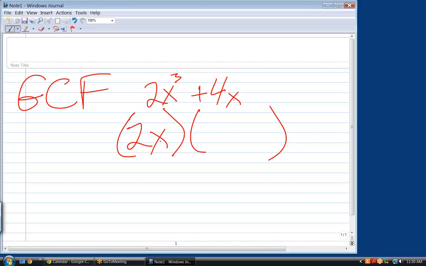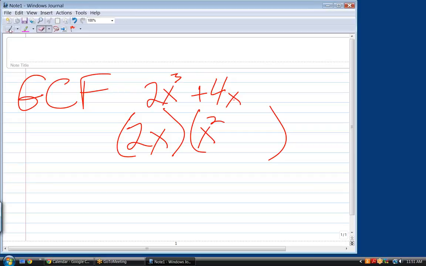What's x cubed divided by x? Subtract the exponents. No, this has an exponent of 1. Again, an invisible 1. So when I divide x cubed by x to the 1, I'm going to get x squared.